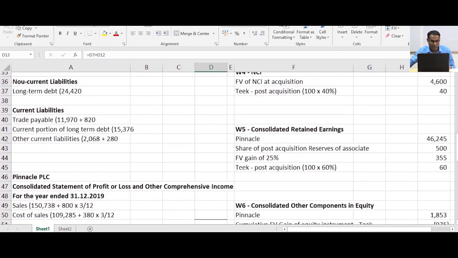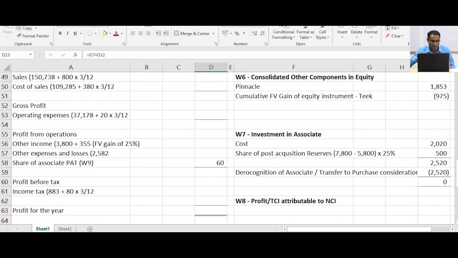If you look at the income statement, under other income, there is an income of 3,800. What is this? This is the gain made by the parent company in their individual financial statements.